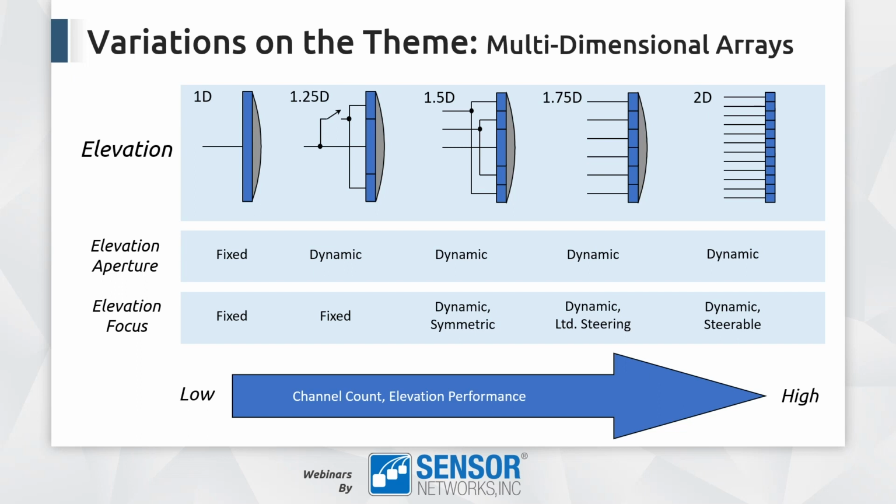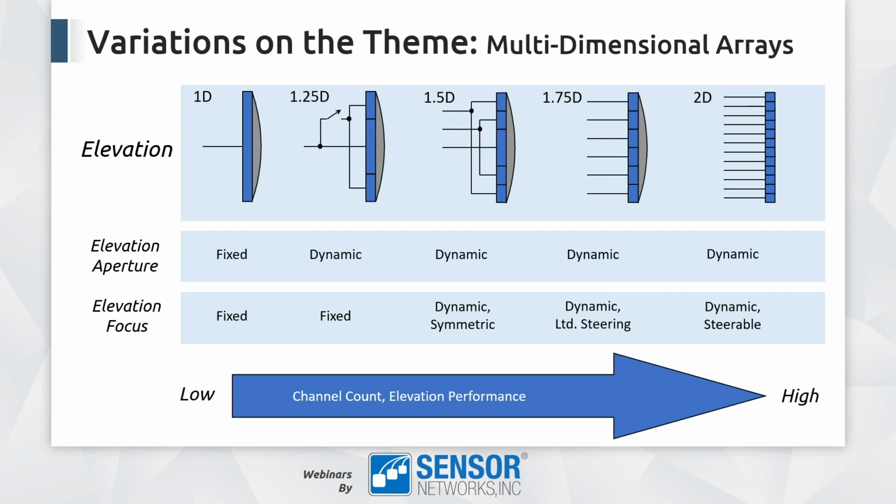And what we find is that there's a sort of middle ground that allows us some beam control in the elevation direction, but allows us to more efficiently use the channels and optimize the system. So moving from left to right, of course, we have the 1D transducer.